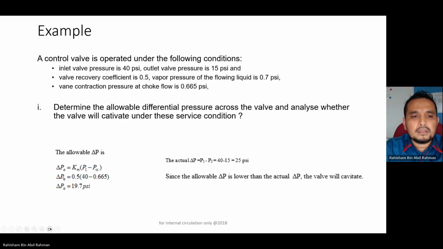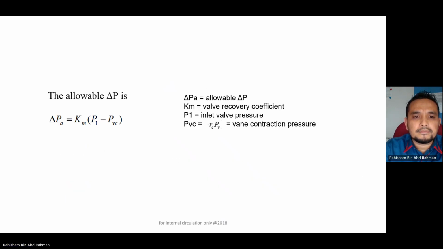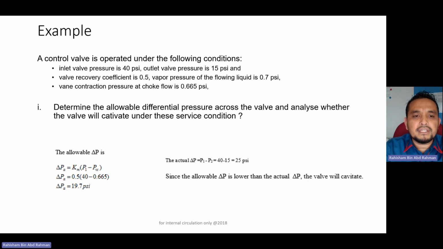We know Km is 0.5, we know P1 is 40, and we know PVC, the vena contracta pressure, is 0.665 psi.